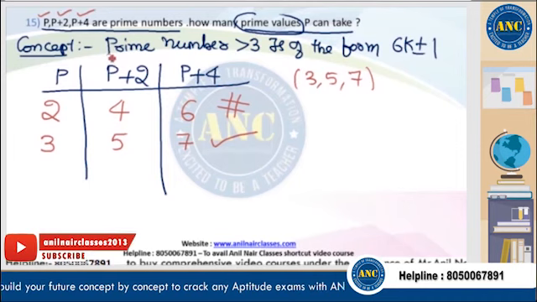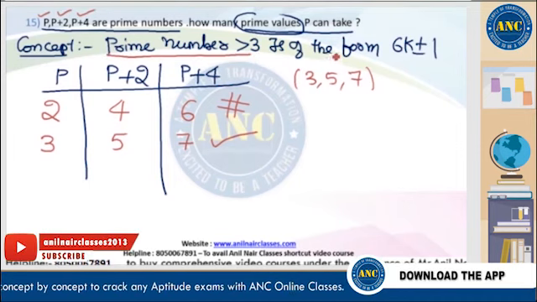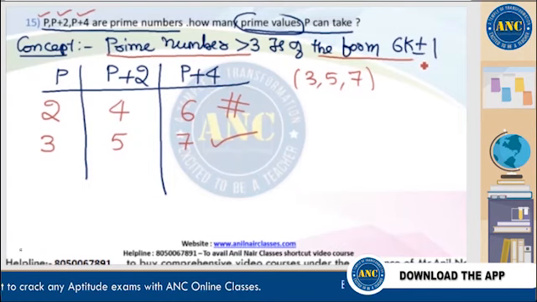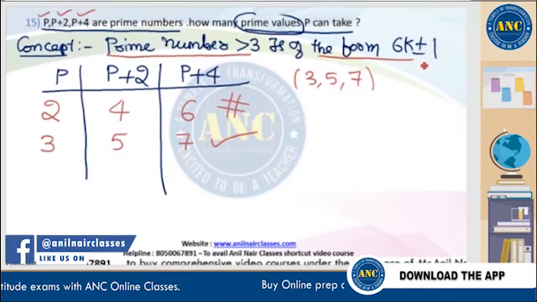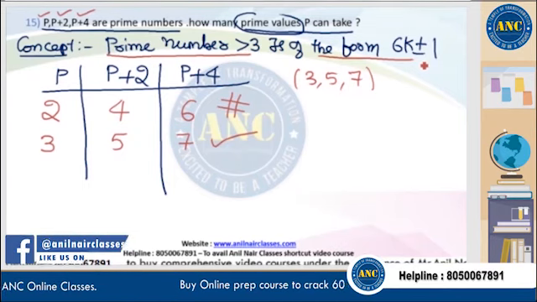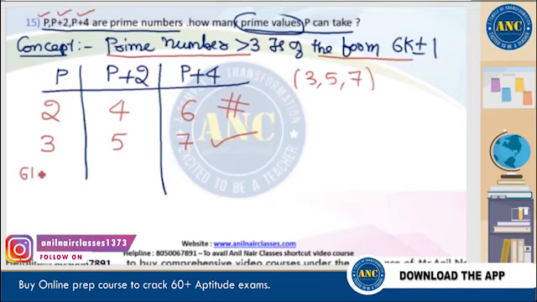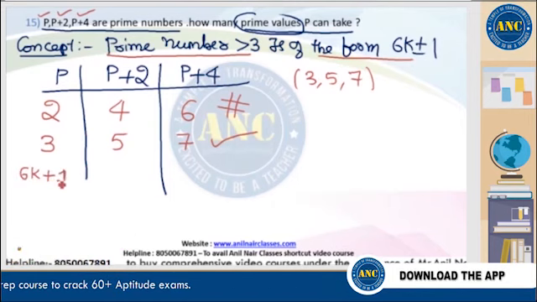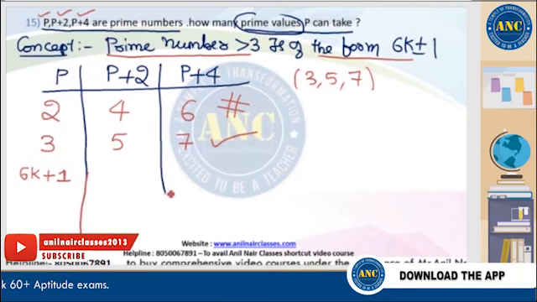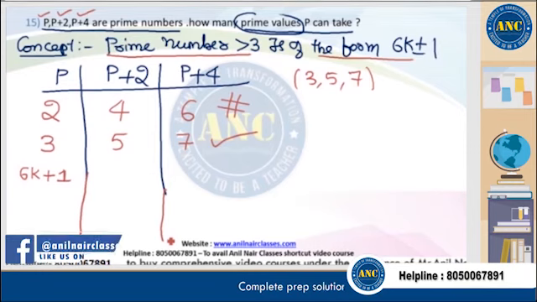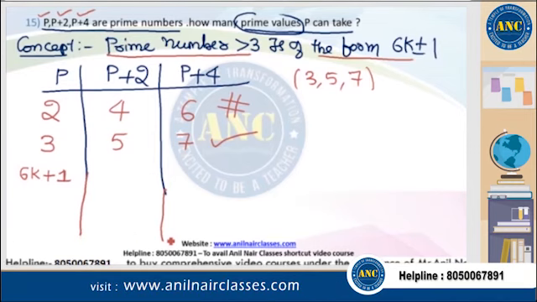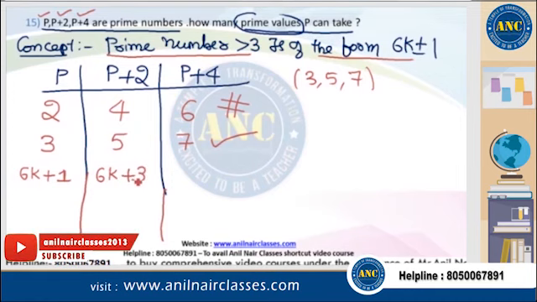Now there is a concept. Every prime number greater than 3 is of the form 6k plus or minus 1. If it is 6k plus 1, and if I take P as 6k plus 1, then P plus 2 is 6k plus 3.